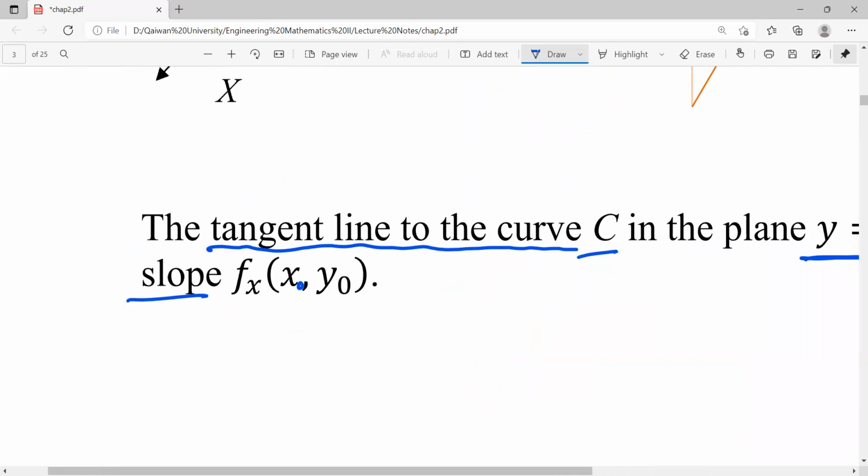Here we have, as I said, a curve. At this point, let's say we have a point here. To find the slope of this tangent line, since it's parallel to the xz plane, it is f sub x at x naught and y naught. We are going to find the partial derivative of the function with respect to x at the given point.